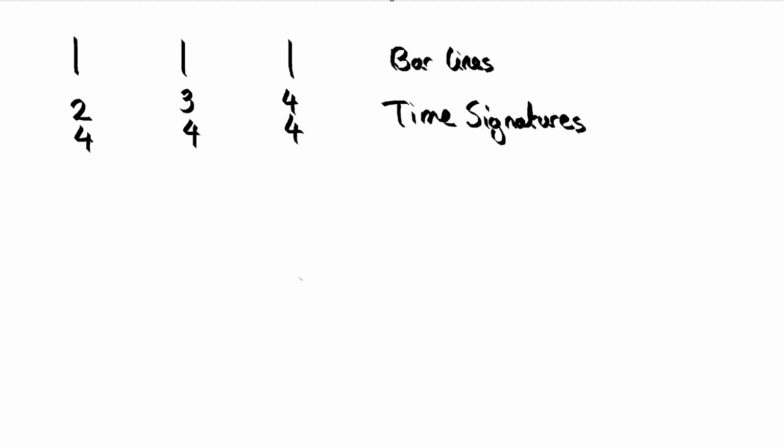Time signatures are composed of two numbers: a top number, a numerator, and a bottom number, a denominator. Now, I hope none of you are having flashbacks to school maths. The numerator tells us how many beats there are in a bar.